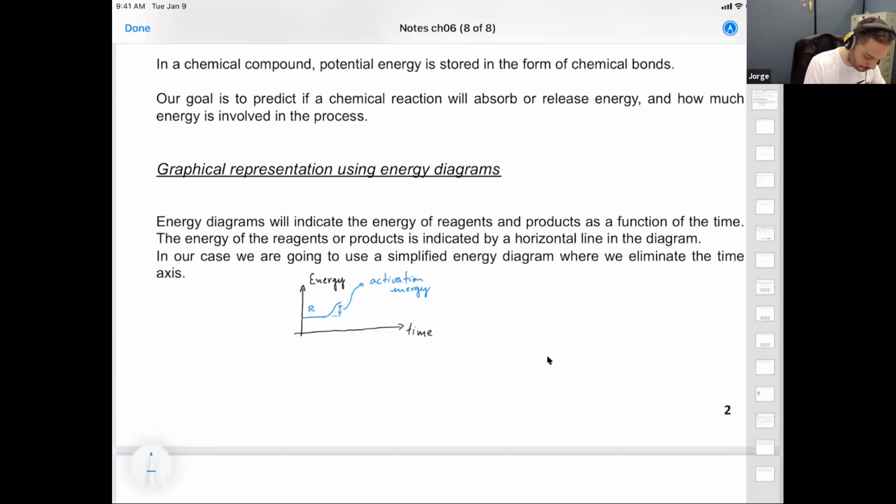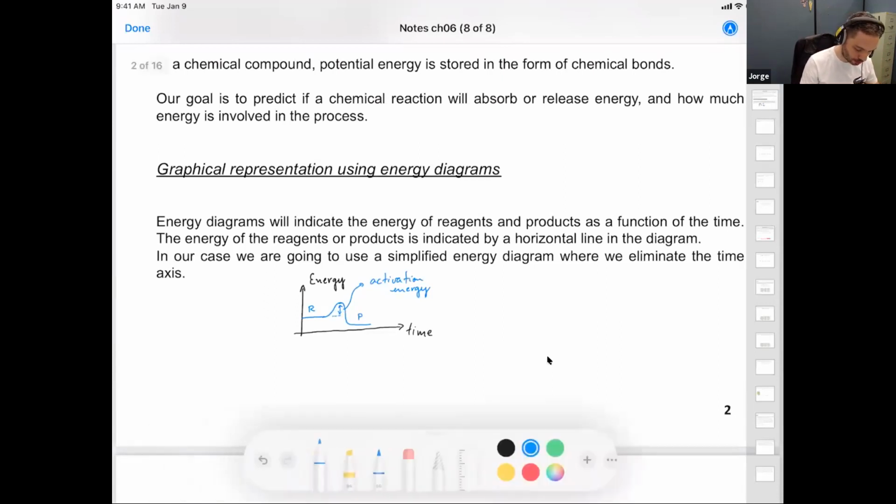And from this max point, the reaction, for example, may go all the way down here and stabilize, and that's when we form the products. Okay, so that is one case that may happen when the energy of the reagents is higher than the energy of the final products. And of course, the opposite also may happen.